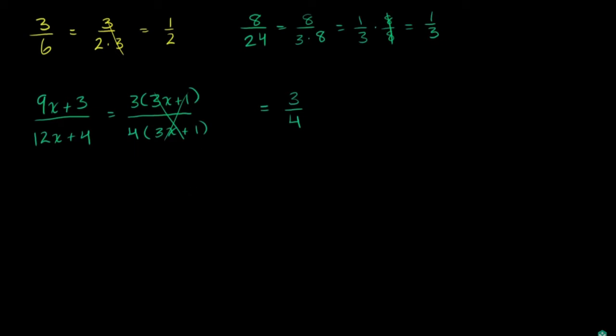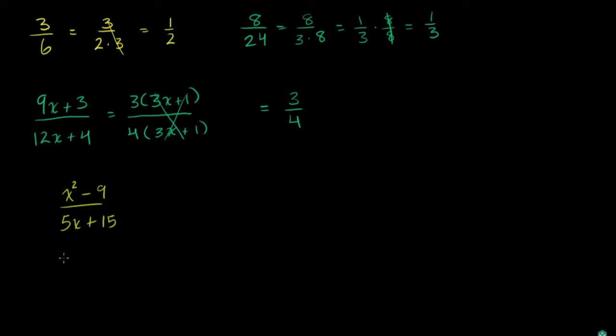Let's do another one. Let's say we had (x squared minus 9) over (5x plus 15).